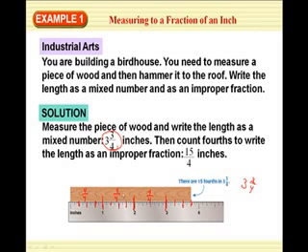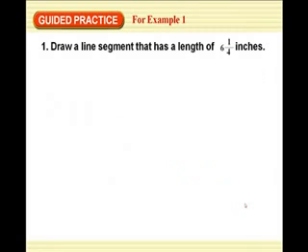So there are 4, 8, 12 fourths so far, then 13, 14, 15. So there are a total of 15 fourths. I just call this the half circle method. You start at the bottom, you multiply, 3 times 4 is 12, and then you add the top, plus 3 would be 15. So 3 and 3/4 is 15 fourths.